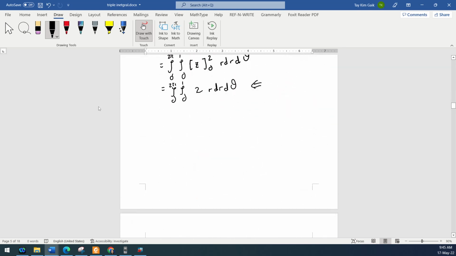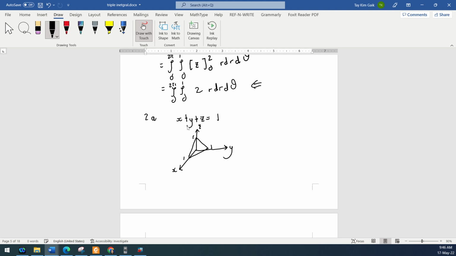So that question 2a, you have the plane x plus y plus z equal to 1. You can sketch the plane. This is a tetrahedron in the first octant, where x is positive, y is positive, z is positive.